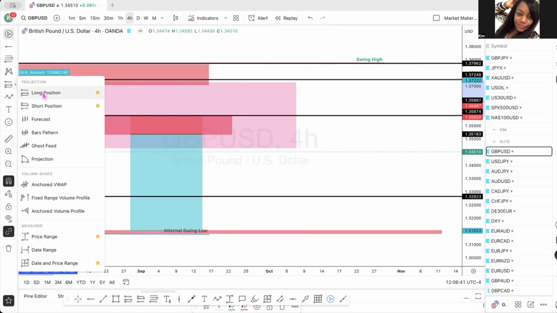You have your long position and your short position. I have starred them so that they are down here in my little favorite toolkits. And you can hover over it. I've just been using it for so long, but I can look at it and tell this is for the long going up, and this is for the short.